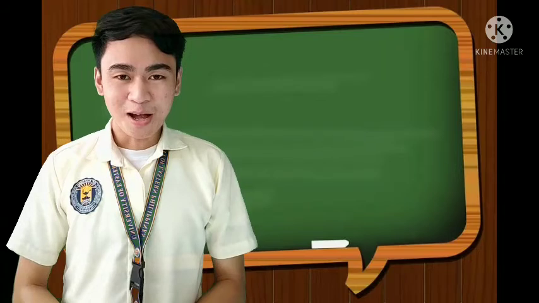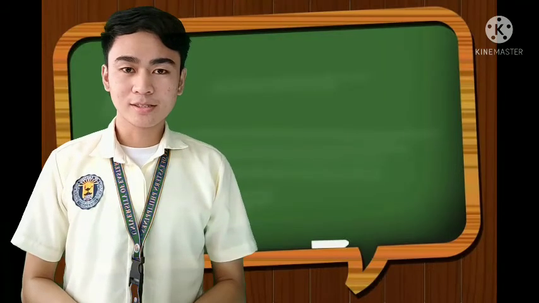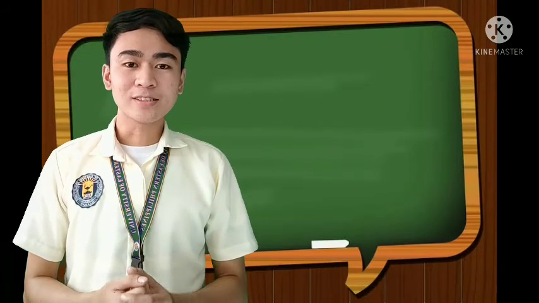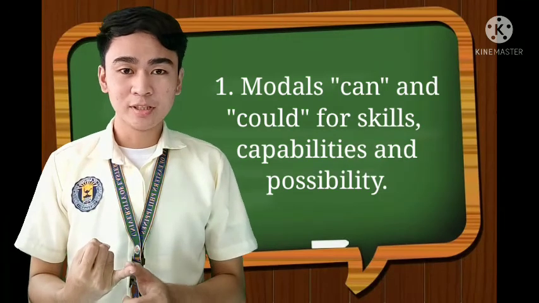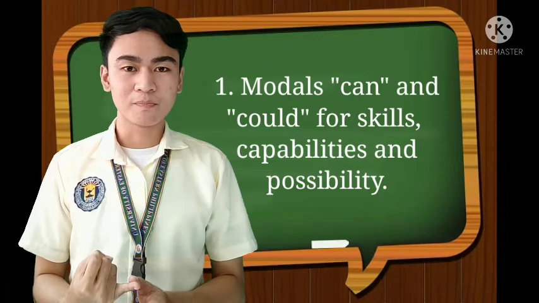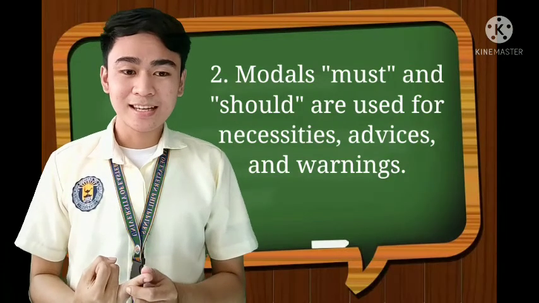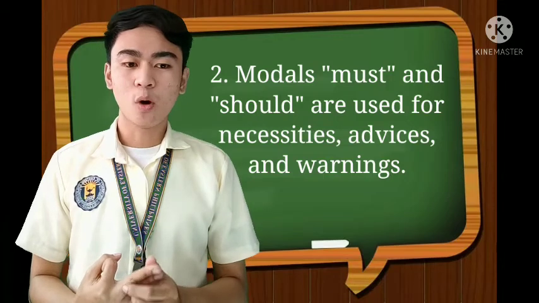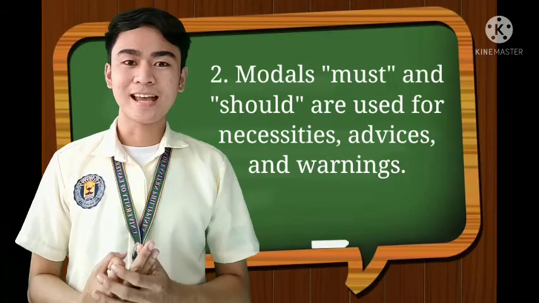To sum up our discussion this afternoon, we have modals under four categories of usage, which include skills and capabilities. Modals can and could are under this category. The second category includes necessity, giving advice, or giving warnings. Modals must and should are under this category.